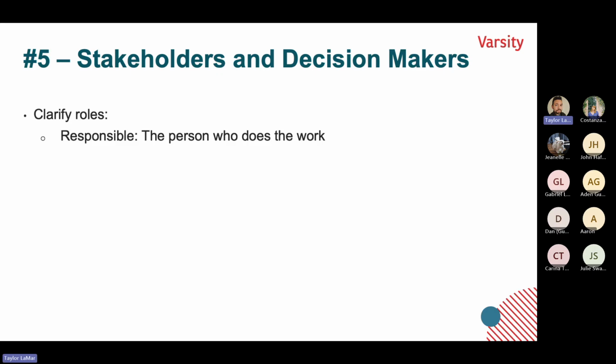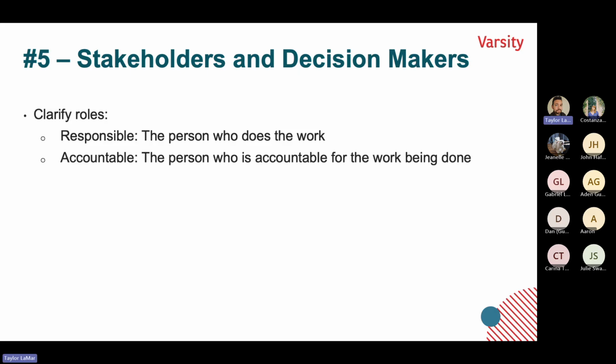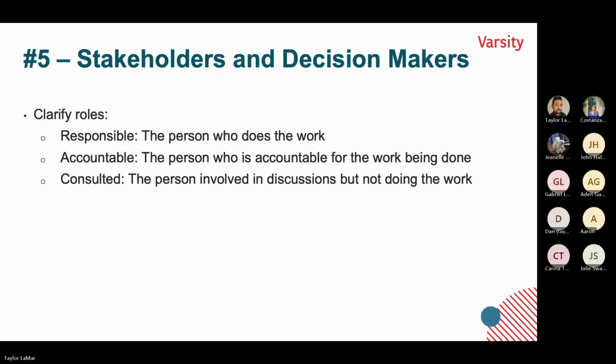That's fine. But if you're a larger organization, it's really important to clearly define who's doing what. You have someone who's responsible for doing the work, and the person who's being held accountable. Those two can be the same person. It's fine. Then the person who's being consulted, and the person who's informed.